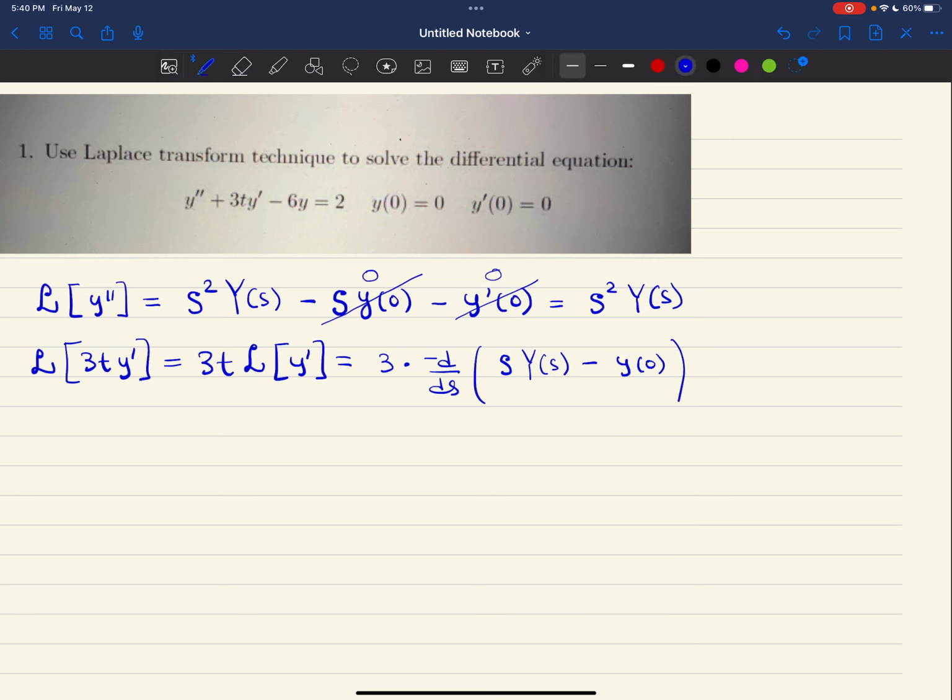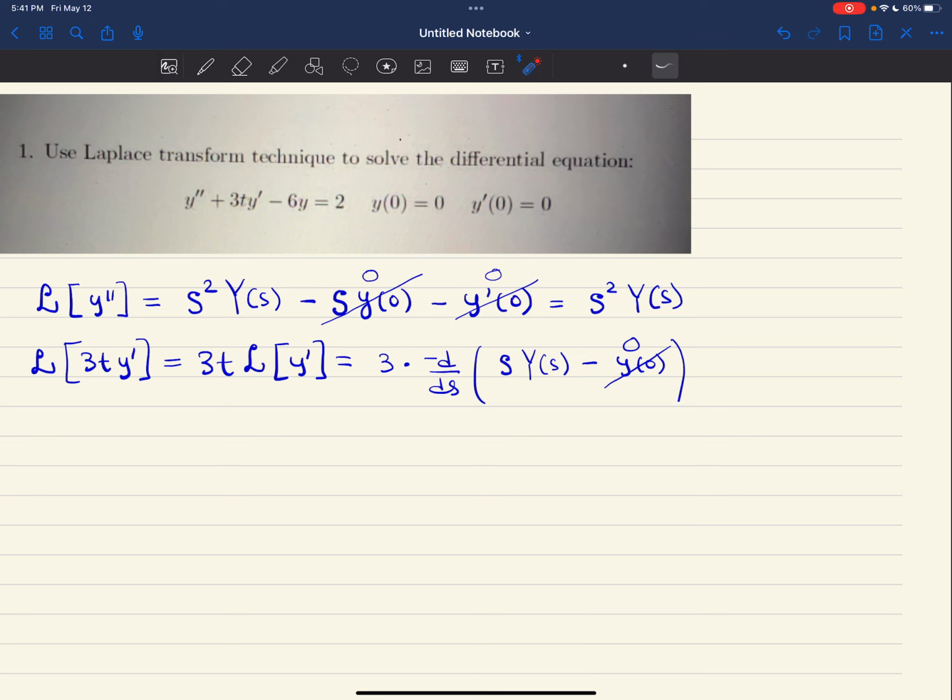So that's what we will get from here. And as you can tell again, y of 0 is 0 based on this, so we would just cross it out because that would become 0. Now, what you have to do is take the derivative, because this means to take the derivative of this portion.